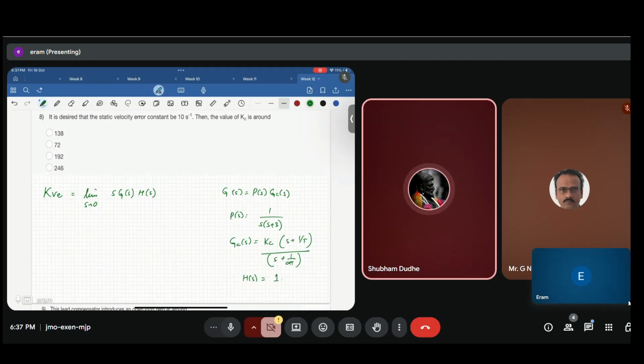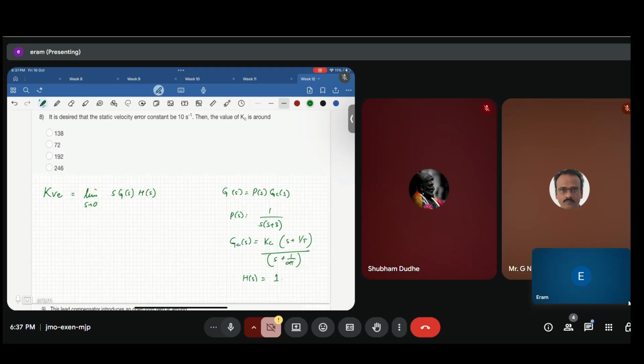Alpha Kc by 3. It is alpha into Kc by 3. Okay. So if we multiply all these three transfer functions, what will we get? We'll have 1 by s into (s plus 3), and multiplied by Kc (s plus 1 by T) over (s plus 1 by alpha T).